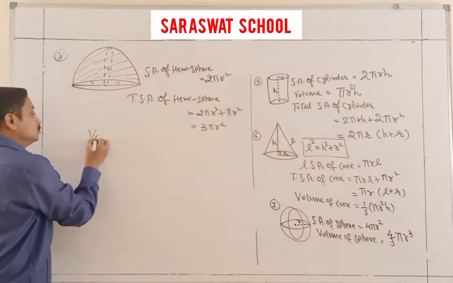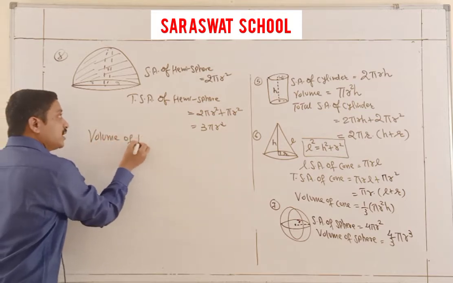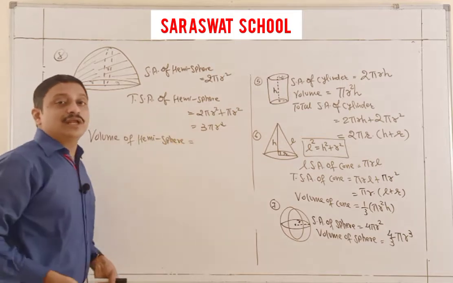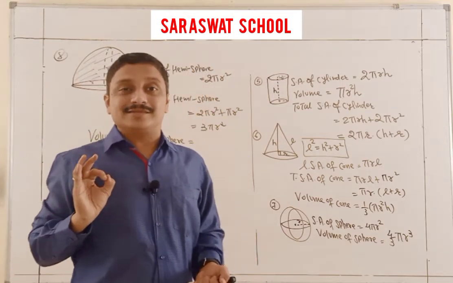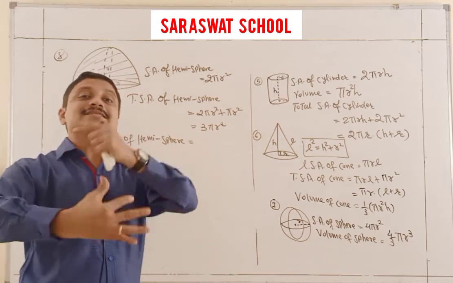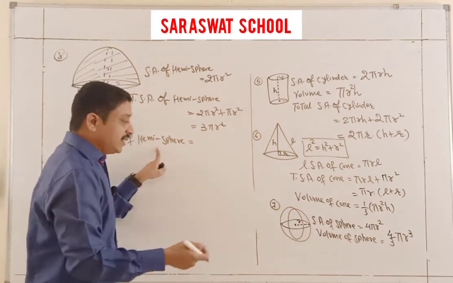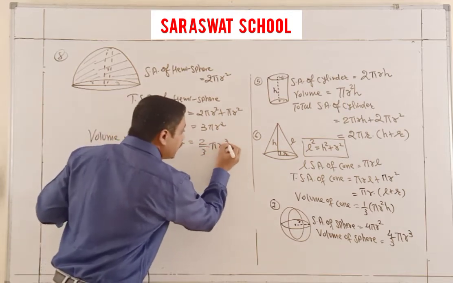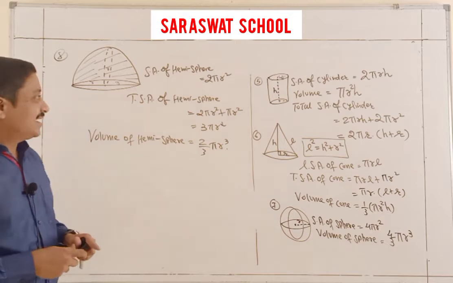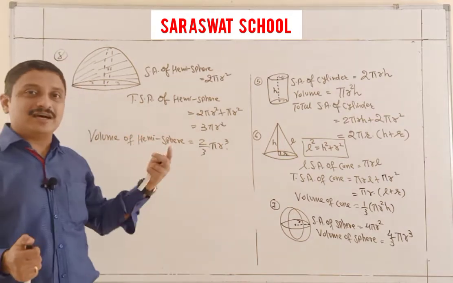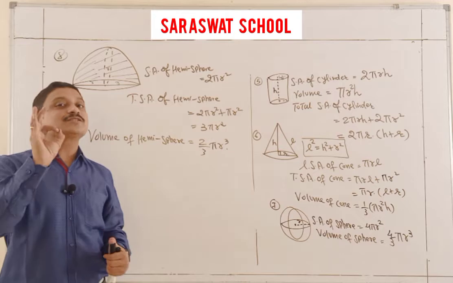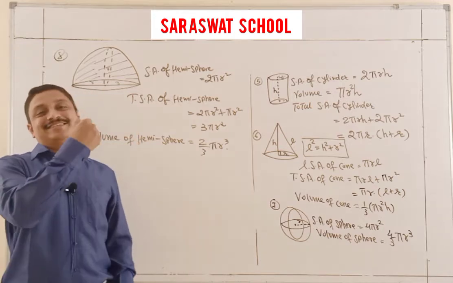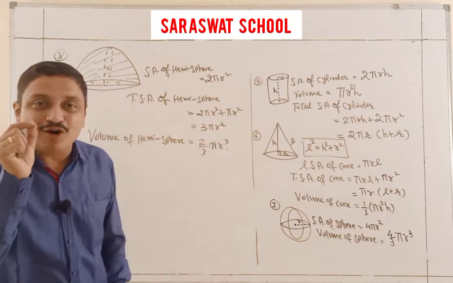And the volume of the hemisphere is half the volume of the sphere, 2 by 3 pi r cube. These are all utilized in practical numericals, and related to that I start the derivative. Now students, up to these 8 are easy utilizations in our exercise 6.1. So in 6.1, I will now start the simple explanation of formulas.